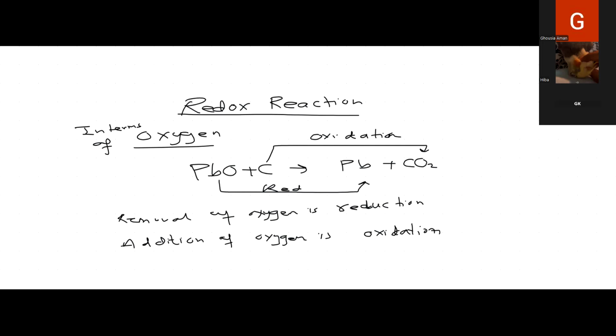Acha. Now, if oxygen is not there, how are we going to see redox in terms of electron transfer? For example, zinc is reacting with sulfuric acid, H2SO4. So zinc sulfate and hydrogen gas, H2, will form.